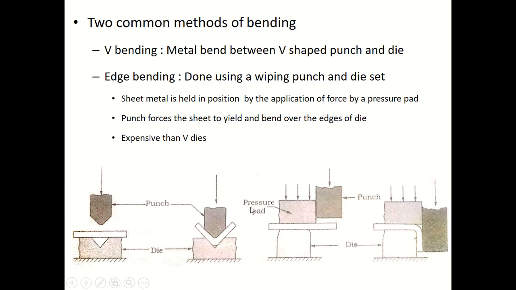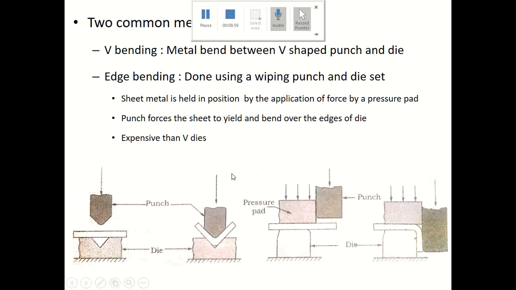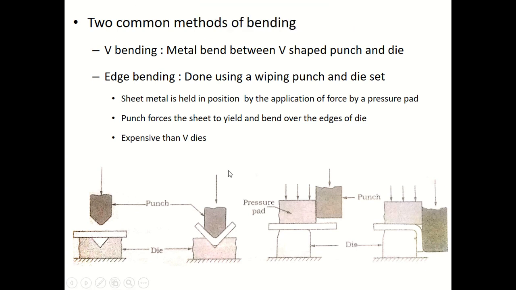After that you apply a vertical force downwards using a punch. The punch forces the sheet to yield and bend over the edges of the die. But please note that this edge bending is more expensive than V bending, because the wiping dies are more expensive.